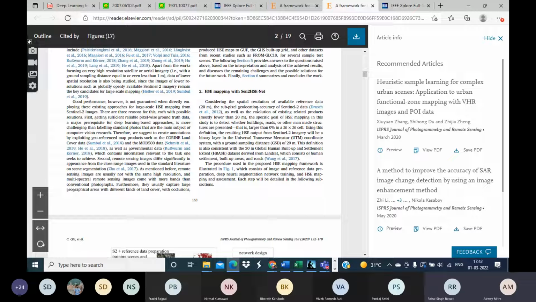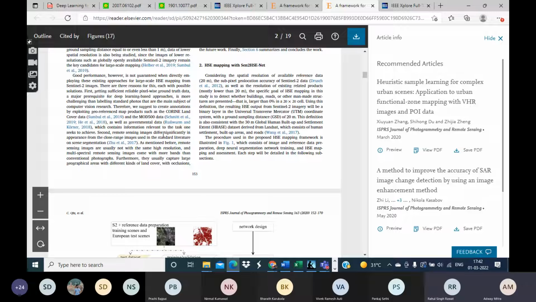The sub-pixel geolocation accuracy of Sentinel-2 data is 20 meters. The specific goal of HSE mapping in this study is to detect whether buildings, roads, and other man-made structures are present, that is larger than 0% in a 20 cross 20 cell.